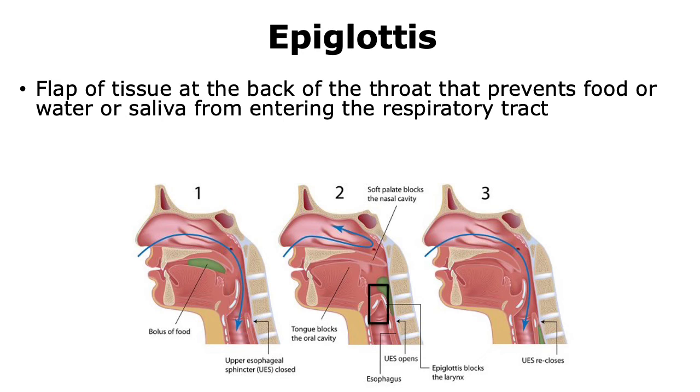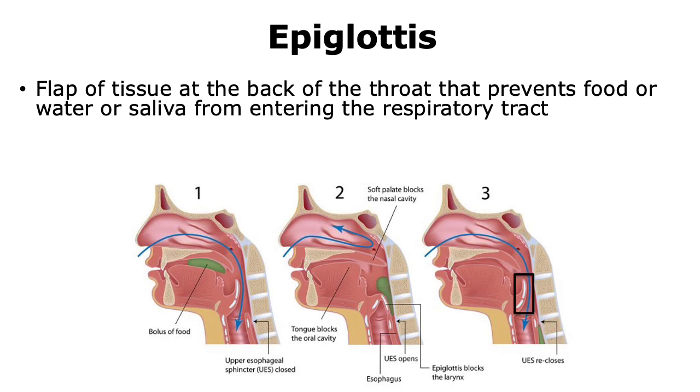However, when we are swallowing, and we could be swallowing food or water or even saliva, then the epiglottis positions itself in such a way that it actually closes the respiratory tract, and thereby it allows that food or water or saliva to enter the esophagus, which is part of the gastrointestinal tract.